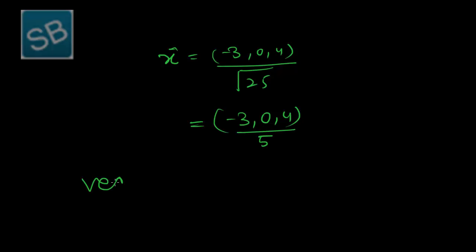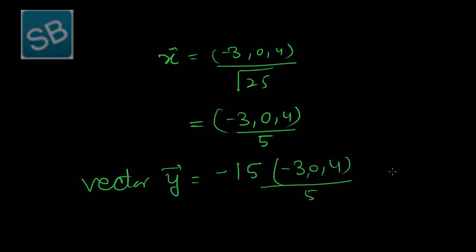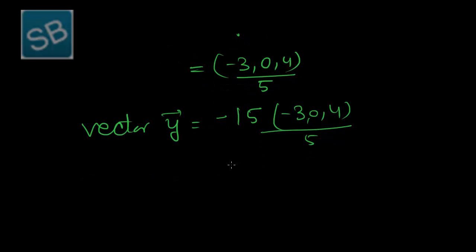So vector y, as it is in opposite direction, we will take minus k, that is minus 15 magnitude, into unit vector. So we get minus 3 into the vector.